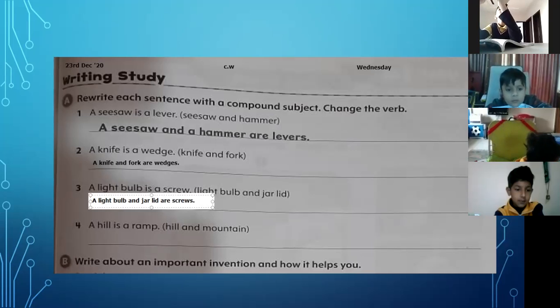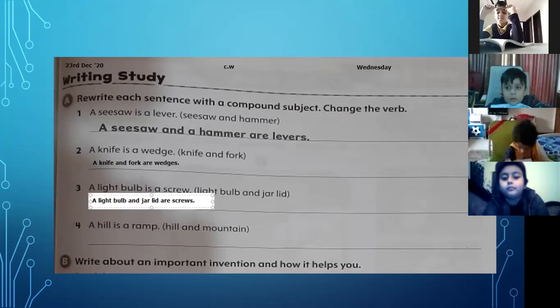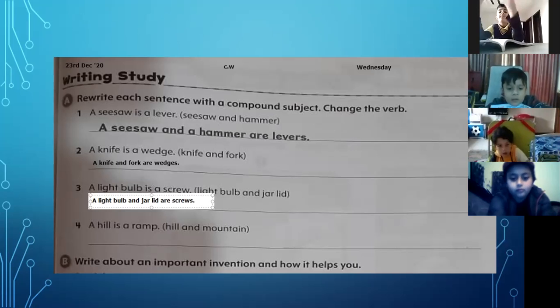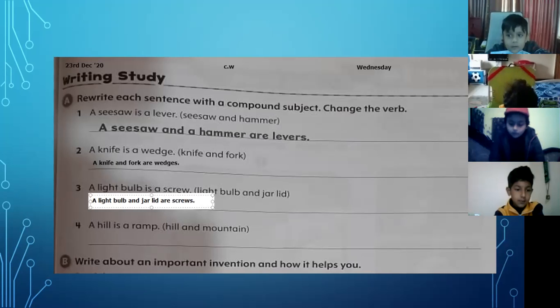Yes, Abdul Hadi, unmute yourself. A hill is a mountain. When you say hill and mountain, you have used two subjects. So will you use is or are with them?